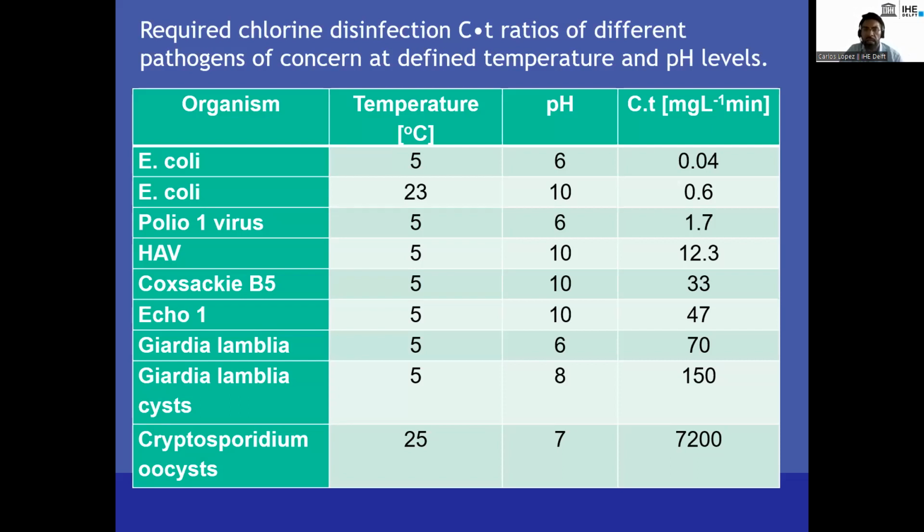These are different pathogen indicators: Escherichia coli, polio virus, some other types of viruses, Giardia lamblia cysts, and Cryptosporidium oocysts. For these conditions, the CT values range from 0.04 to 7,200 for the Cryptosporidium oocysts.